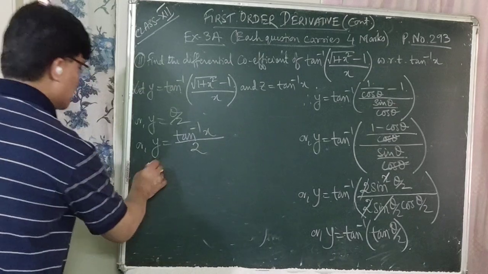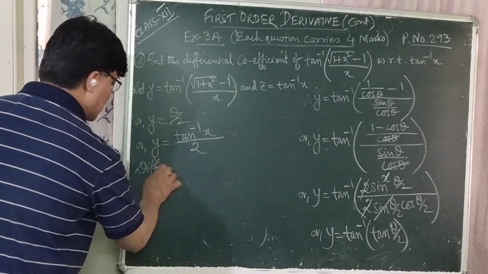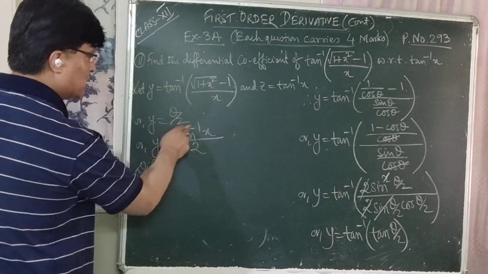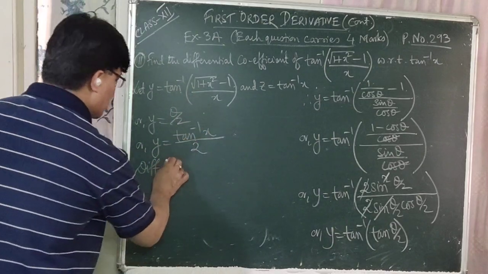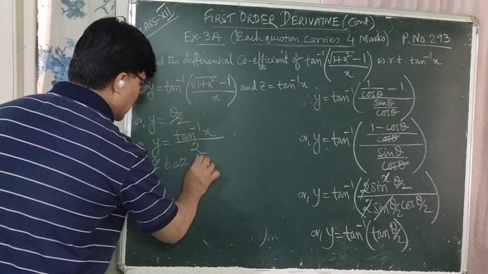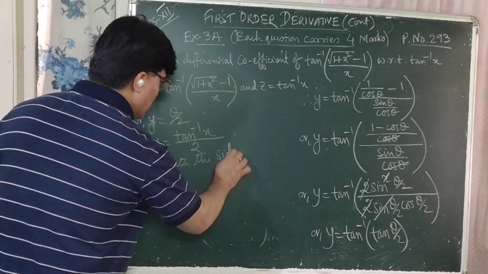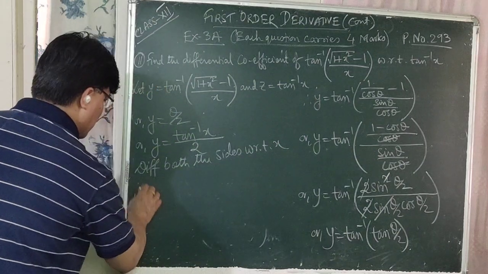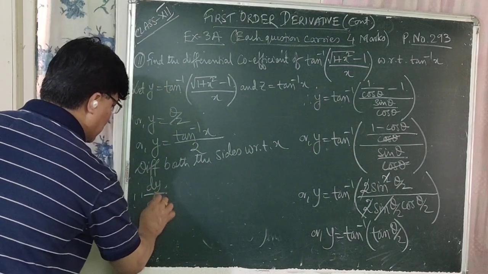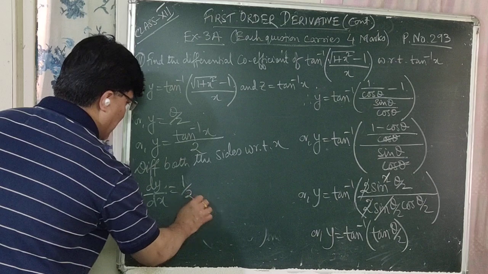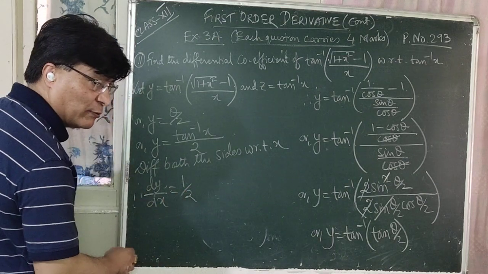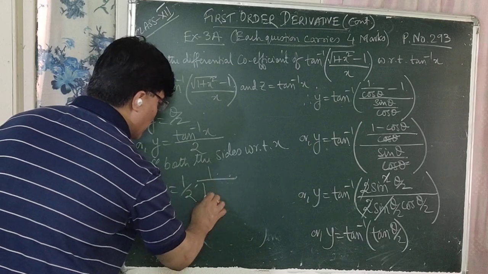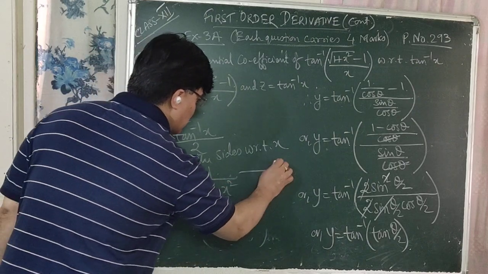Now differentiate both the sides with respect to x. So this is the simplified form of this expression, that is tan inverse x by 2. Differentiating both the sides with respect to x, therefore dy by dx is equal to half, which is a constant, so you can write it before d by dx, into what is d by dx of tan inverse x? It is 1 upon 1 plus x squared.